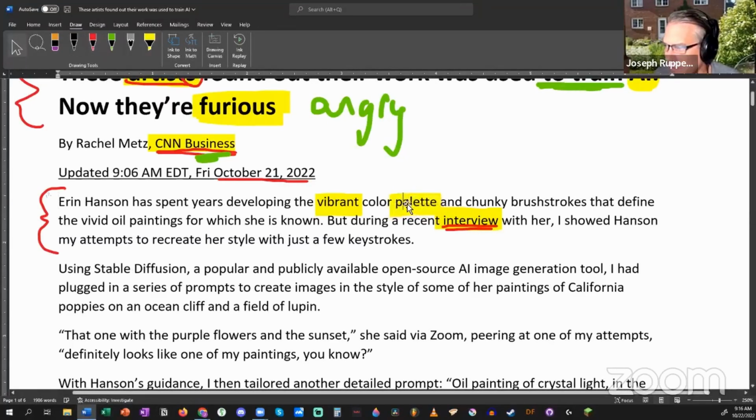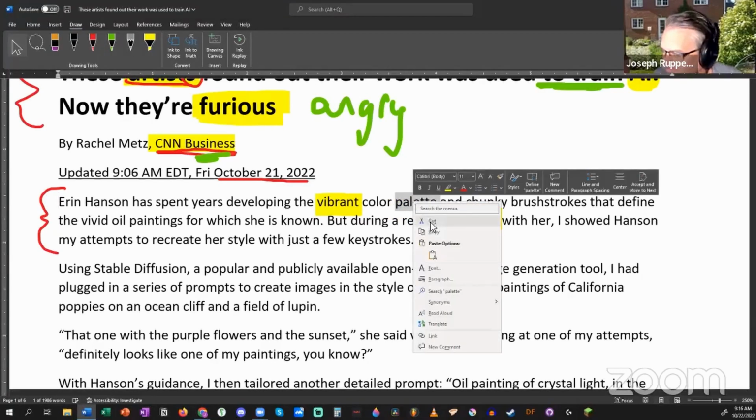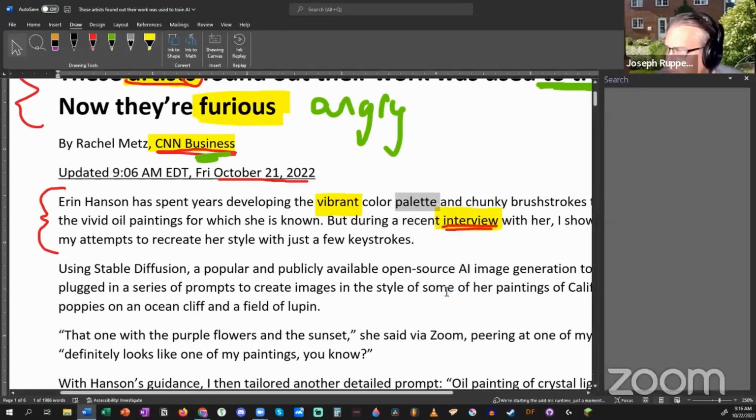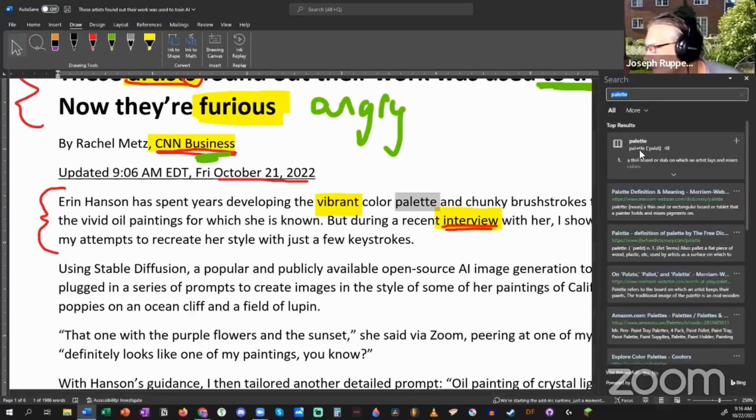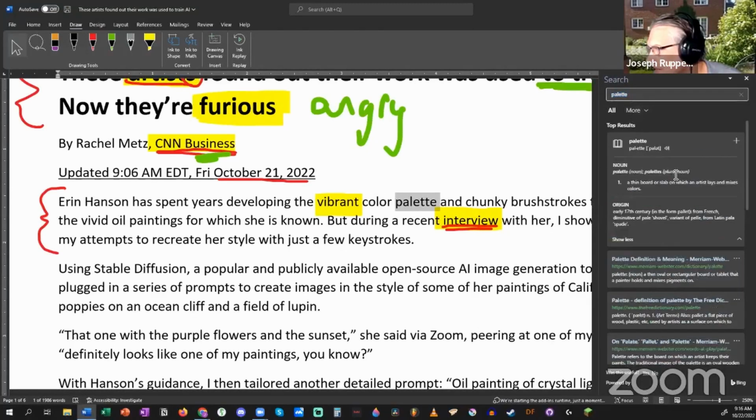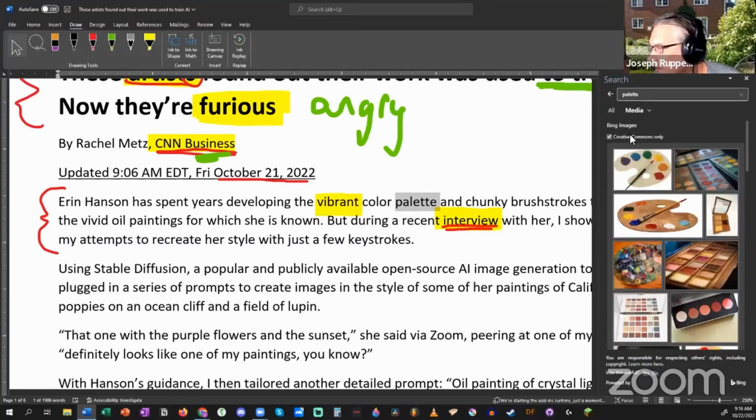Let's do a search here on images. Oh, yeah. So palette is also the object that artists use. Ah, there we go. So this is called a palette. But it can also be used to describe the range of colors.